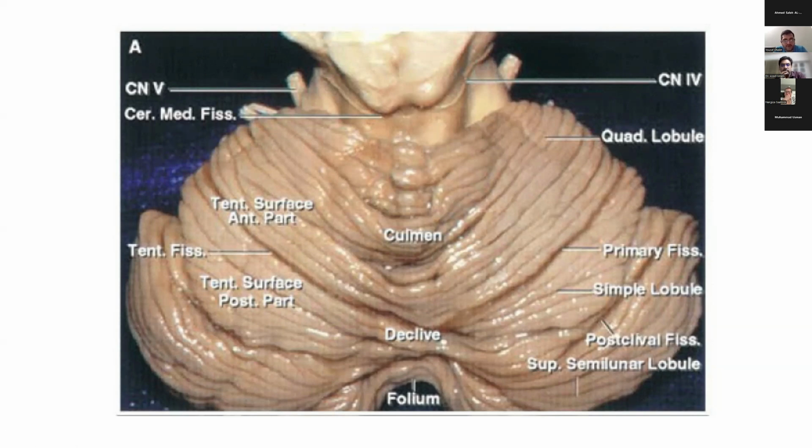Now, moving on to the hemispheric surface, you can see that on the hemisphere, there are various structures. These include the most important quadrangular lobule. Then beneath it, we have simple lobule, and then beneath that, we have the superior semilunar lobule. Similarly, the vermis has three parts: culmen, declive, and folium.